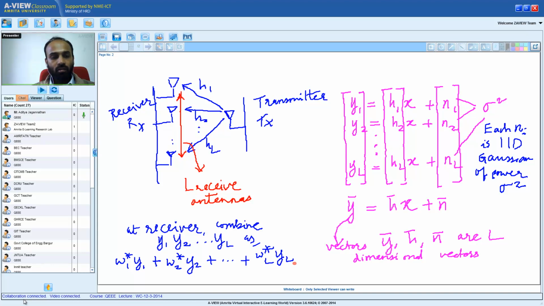We also derived the optimal combining weights W1, W2, WL to maximize the SNR at the receiver.